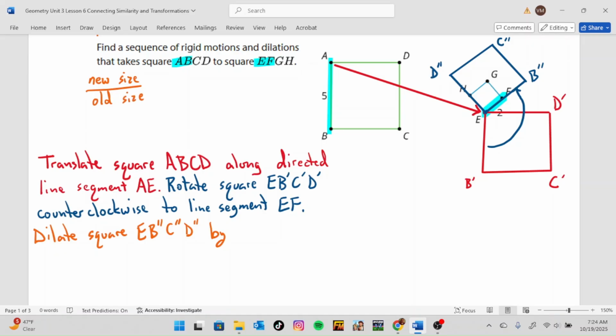So in this case, the new size is 2 and the old size is 5. And so if we multiply every side of the big square by 2/5, it will create this square that lies directly on top of EFGH.